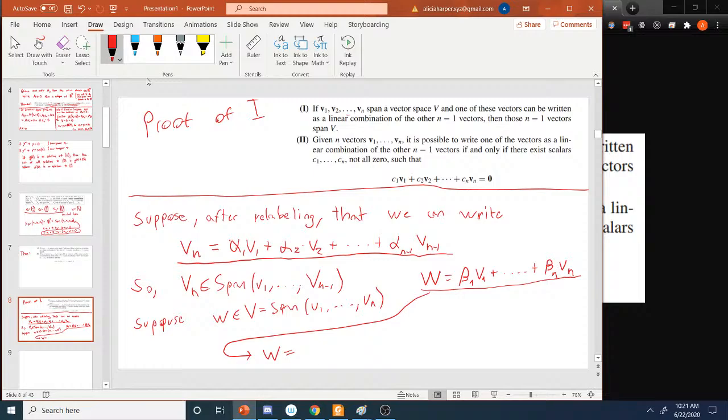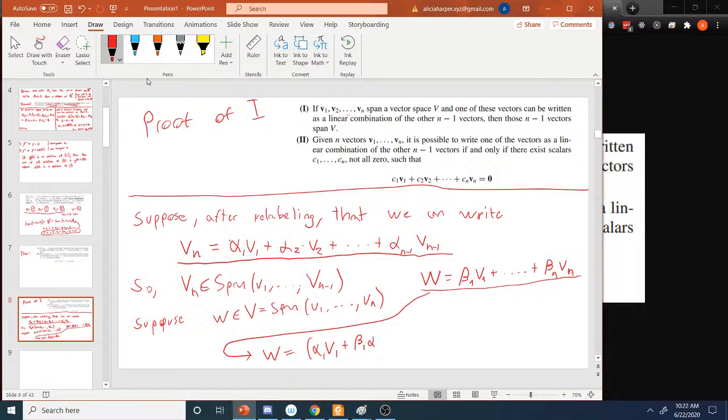If we do that, then it turns out that we can write W as alpha 1 times V1 plus beta 1 times alpha, wait, let's see. I'm replacing Vn here with this.